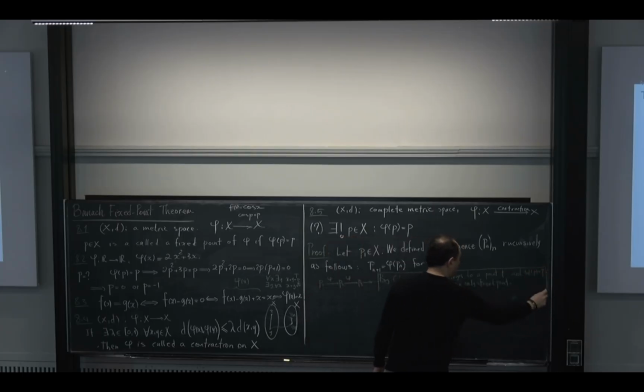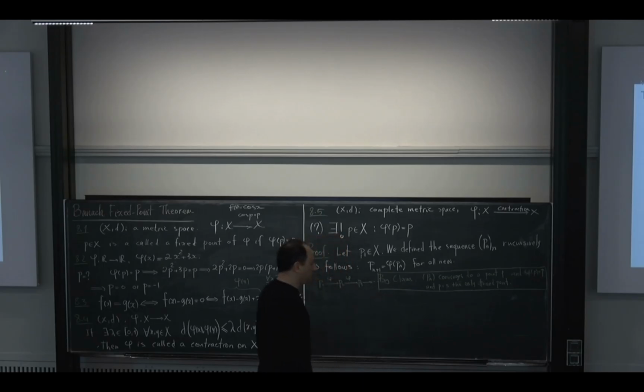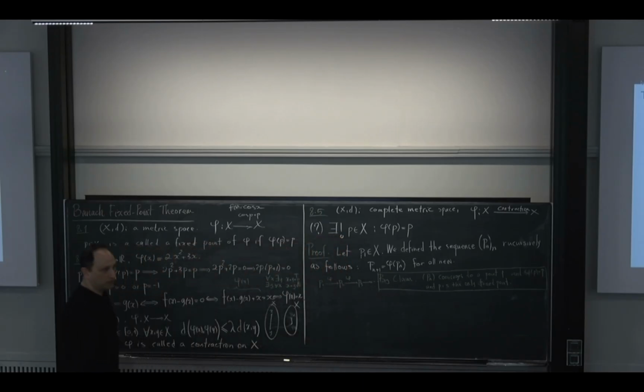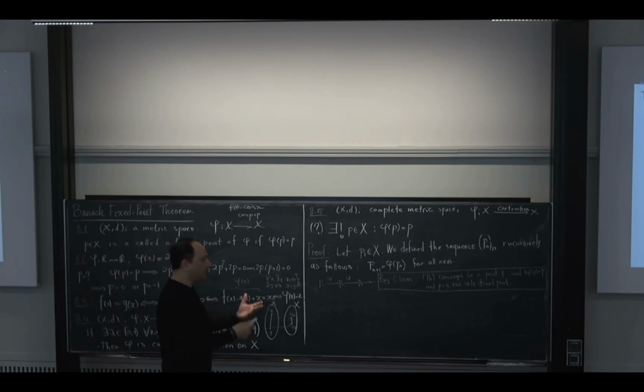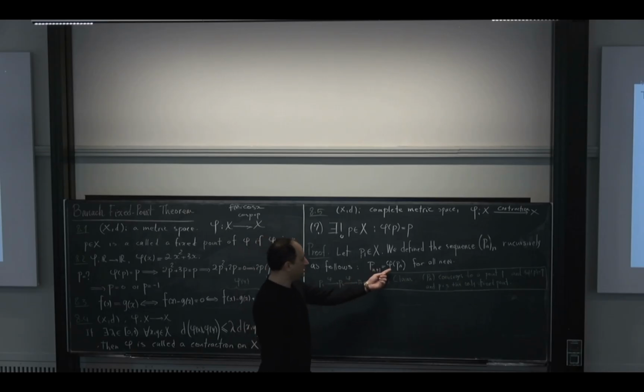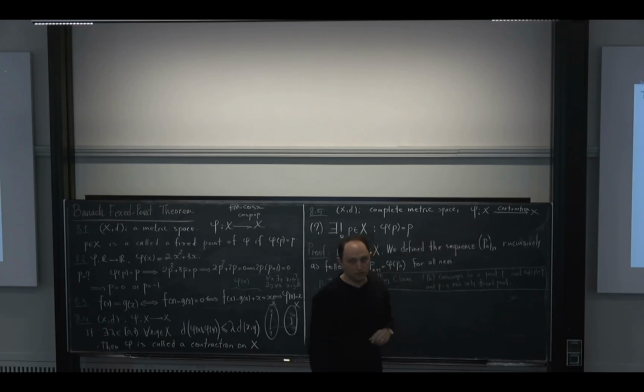But when you say it's a big claim, it means it's a big project, so I have to divide it into several parts. But I want you to understand what is going on. My final goal is to show that this sequence that I defined for you, more or less randomly, because my starting point is random, is always convergent, and it converges exactly to the fixed point of this contraction map.